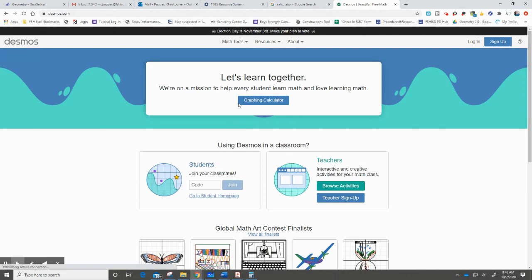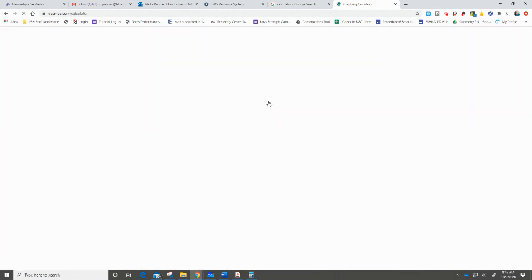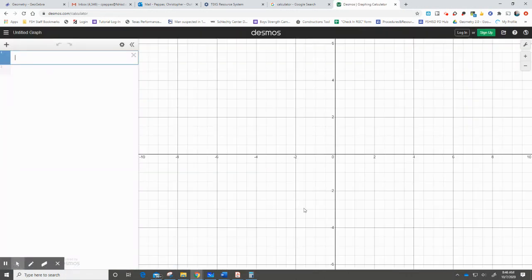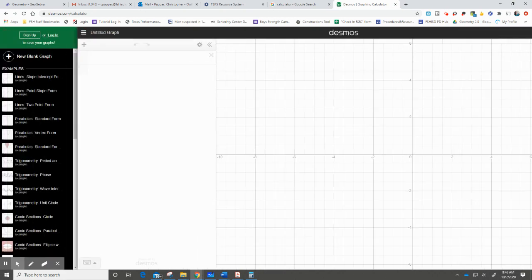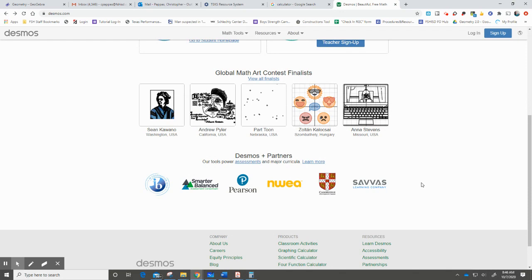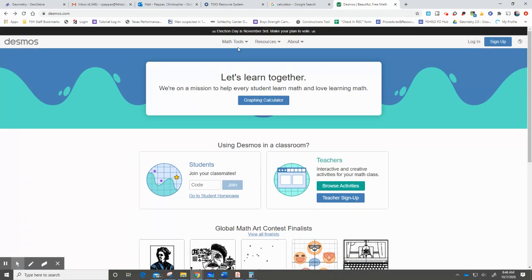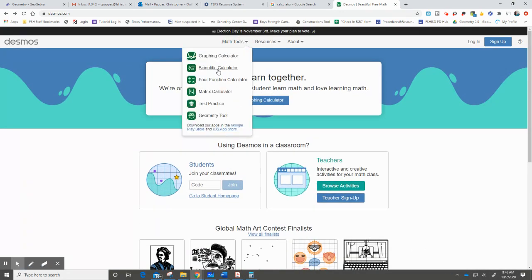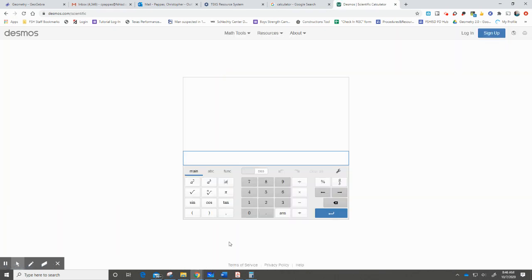If we were to go to our Desmos calculator, math tools, scientific calculator, which we may have used before, we could hit the root button here and put our number up top.